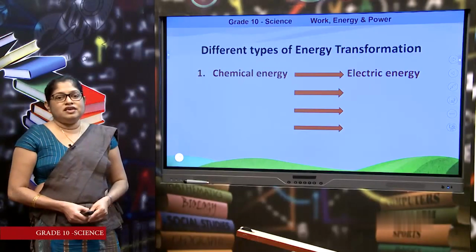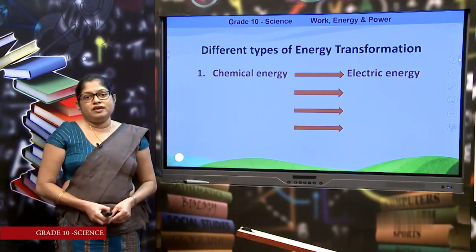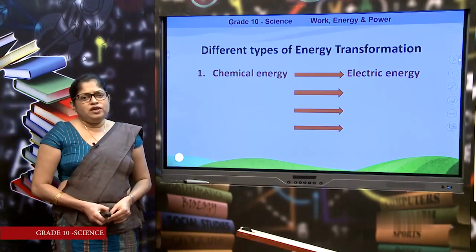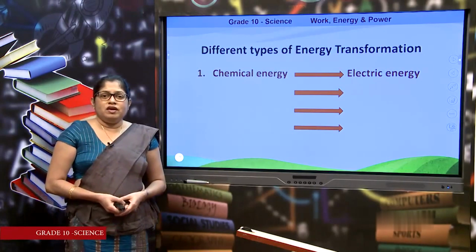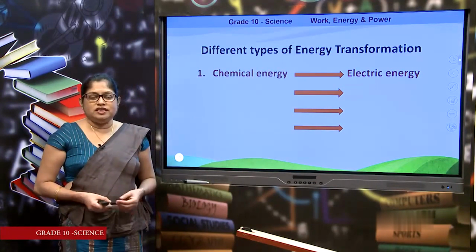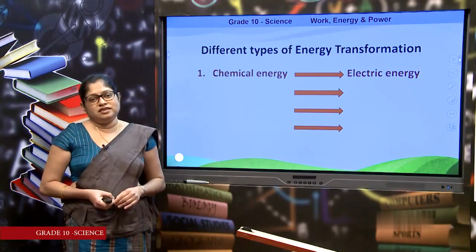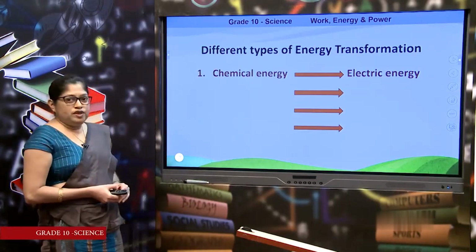That is the energy transformation happening in that particular activity. Further, using that electricity, the bulb lights. So, that electric energy is again converted into light energy. So, this is the energy transformation.